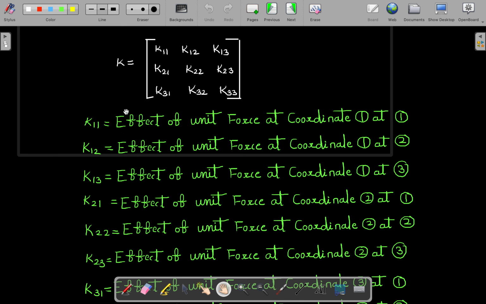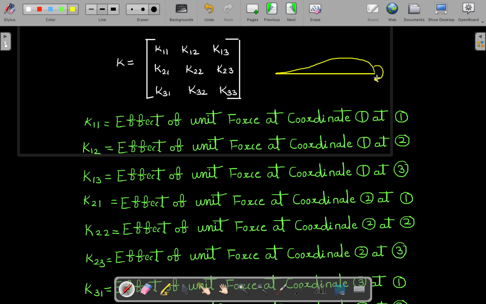Now here, every coefficient, say K11, what does that mean? K11 is the effect of whatever unit force acting at coordinate 1, and its effect on the same place. Suppose there are coordinates 1 and 2 or 3, and this is a unit rotation like this here.